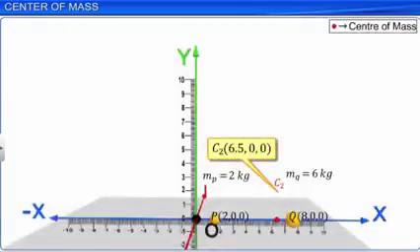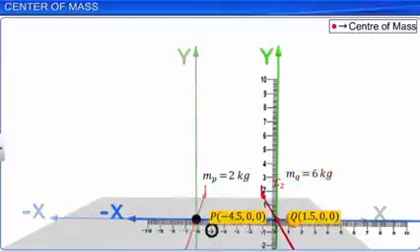In the two-particle example discussed earlier, with masses 2 kg and 6 kg, if the center of mass is chosen as origin, then x1 is equal to minus 4.5 and x2 is equal to 1.5.